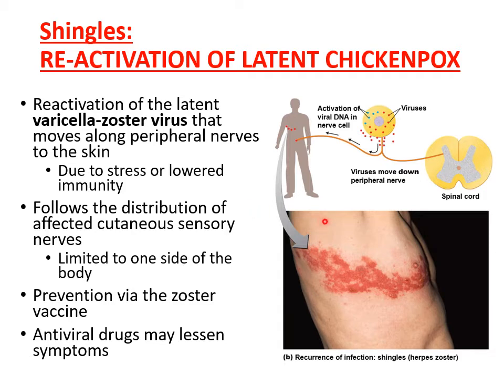So for instance, as you can see here, it ends up only being half of the body that demonstrates the big painful lesions and skin disruptions. Now, like I mentioned on the previous slide, keep in mind that stress and being immunocompromised are the two big factors of when this will reactivate.